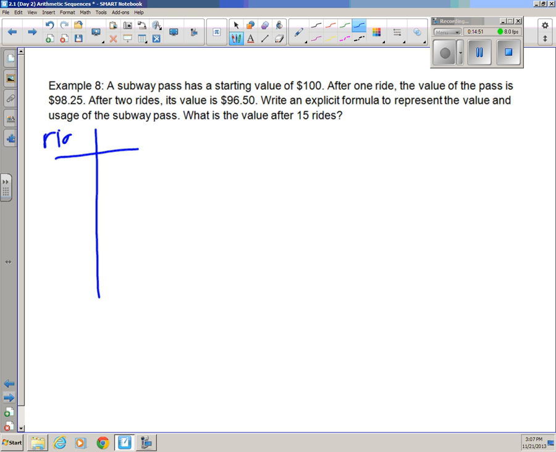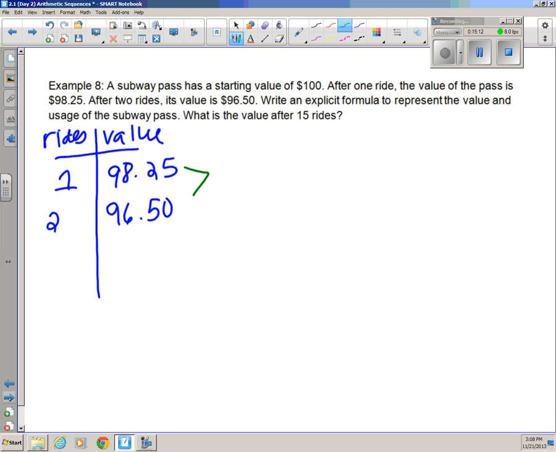We've got rides, we've got value. After one ride, the value on the pass was $98.25. After 2 rides, the value ended up being $96.50. Well, what is the common difference? If I subtract those two values, I keep decreasing by $1.75. So that's your common difference.